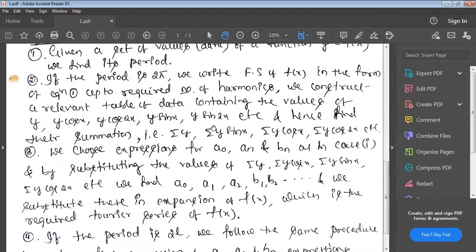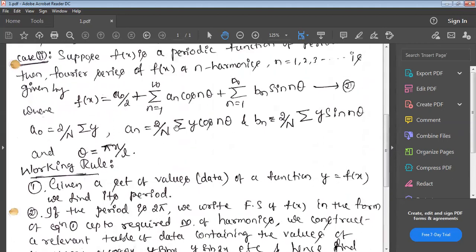The second step is construction of a table and finding the summation values, that is summation y cos x, y sin x, etc. The third step is substituting these summation values in the Fourier coefficient formula, simplify and calculate, you get the Fourier coefficients. Substitute those Fourier coefficients in the given Fourier series expansion, you get the required answer.